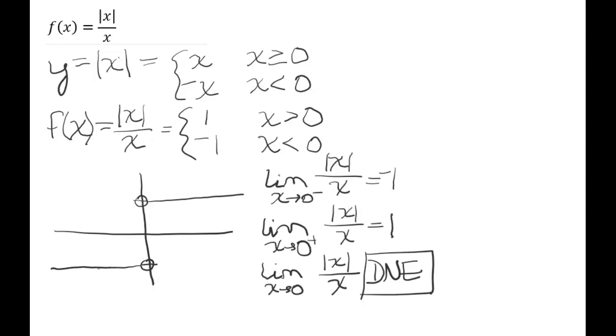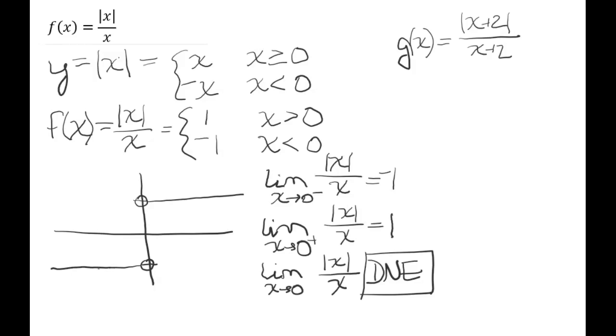Sometimes we see variations on this theme. We see the same function moved over, moved up or down, something like that. So, for example, we'll call it g, so we don't mix it up with an f. If I have g of x is, let's say, the absolute value of x plus 2 over x plus 2, we have the same thing going on, the same type of graph.